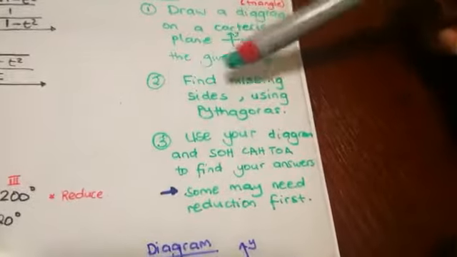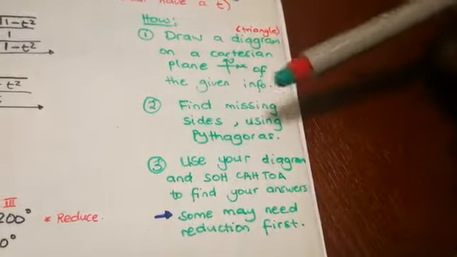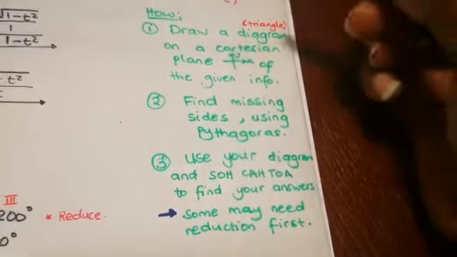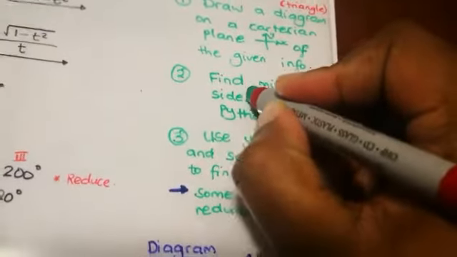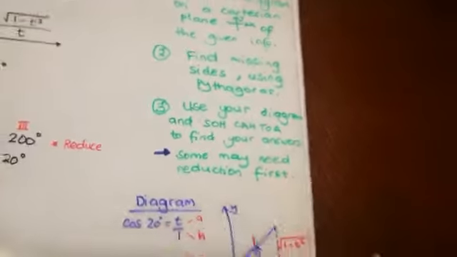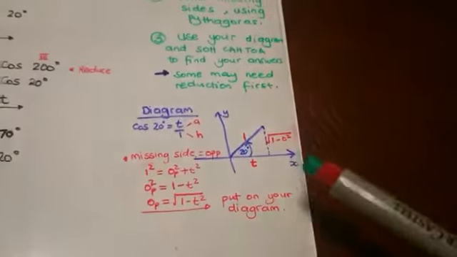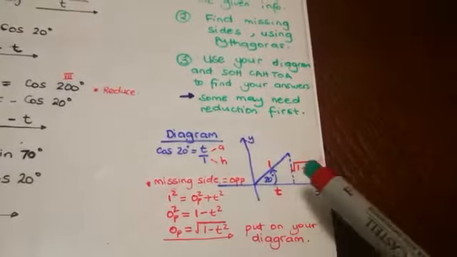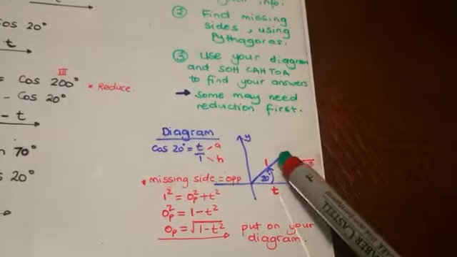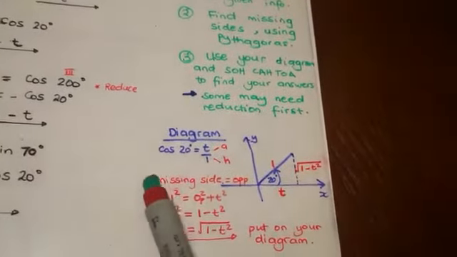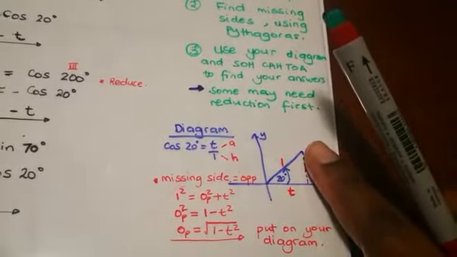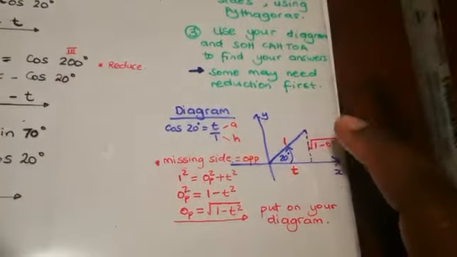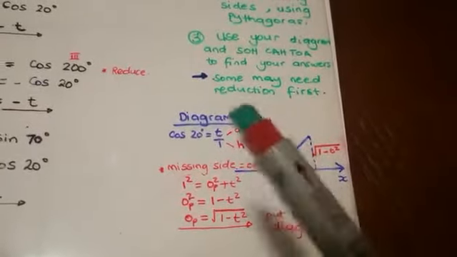Step number 2 says find the missing side using Pythagoras. It's just one side that is missing. So in this case, the missing side was the opposite, which I have indicated here. So this side is empty, so we have to find the opposite.